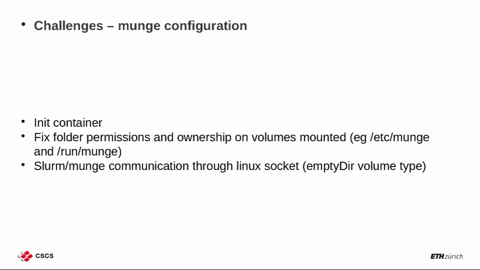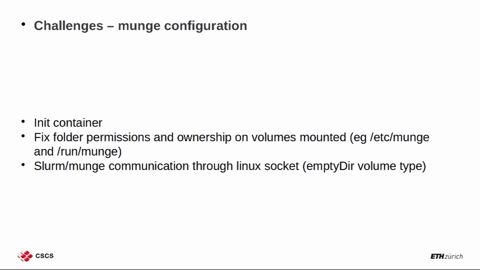Now, problems or things we had to tackle configuring the different services. For example, Munge is a very picky service in terms of folder permissions and file permissions. The challenge we found here is, to make things simple, we thought, okay, let's share the same Munge key across all the nodes.